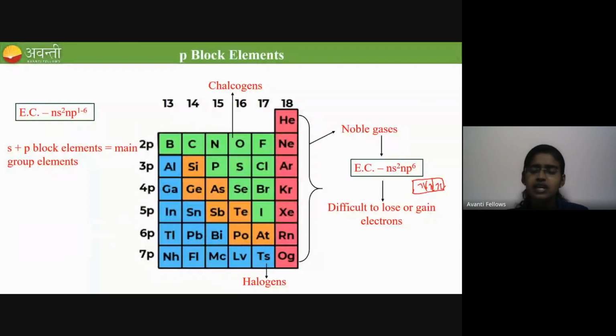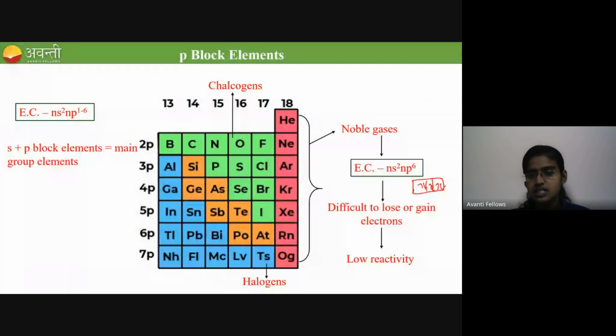They don't have the tendency to lose or gain electrons. Only if an element loses or gains an electron can we say that this particular element is reacting with another. Since noble gases do not have that ability, they are least reactive in nature. The reactivity of noble gases is very, very low.